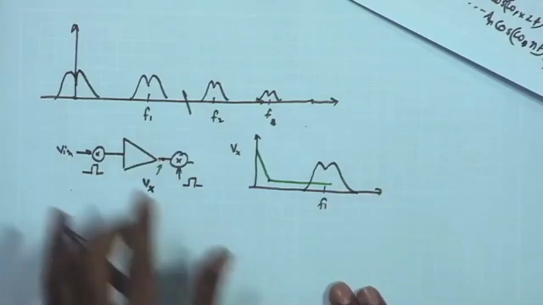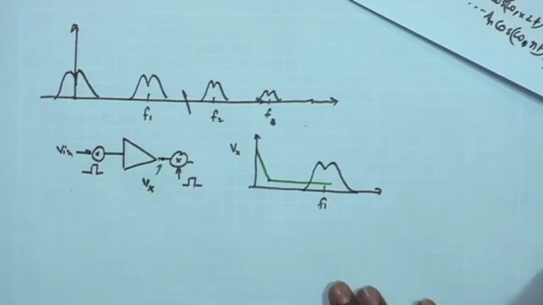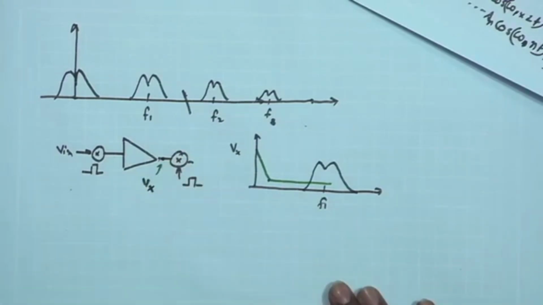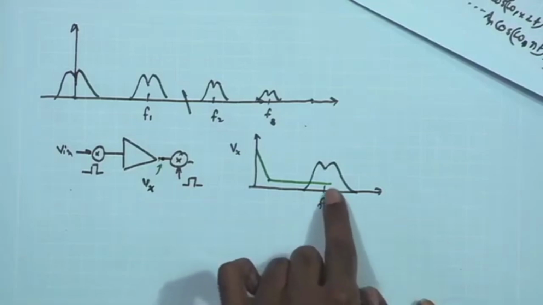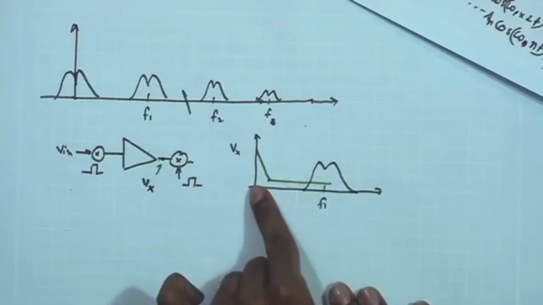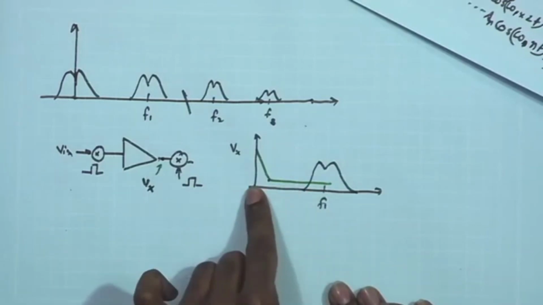And now, once again if I multiply this signal back with the same frequency, once again you will have this entire spectrum of the signal sitting at f1 shifting back to the lower frequency or the omega equal to 0 frequency.